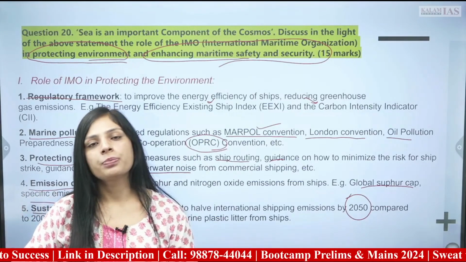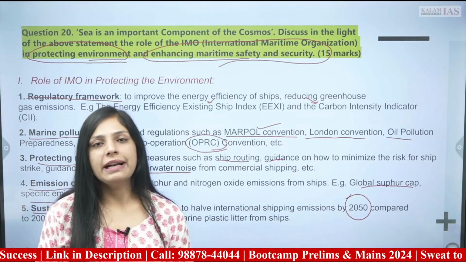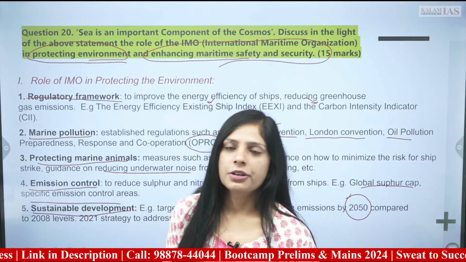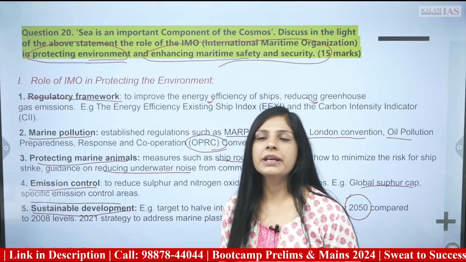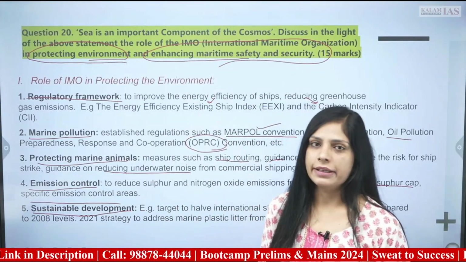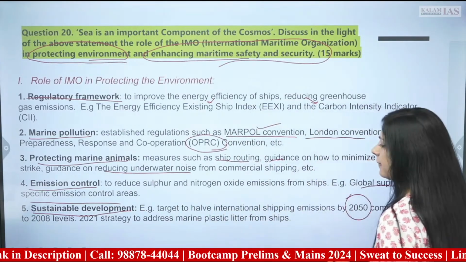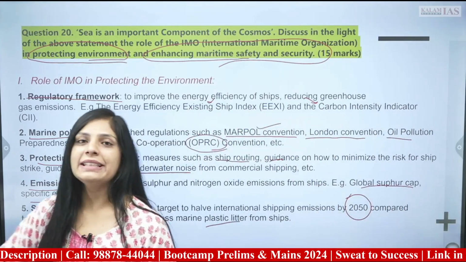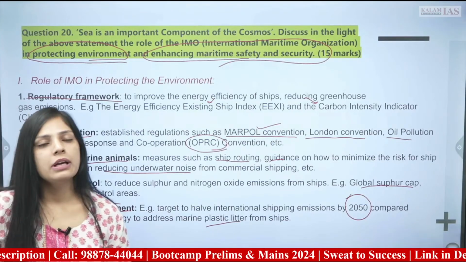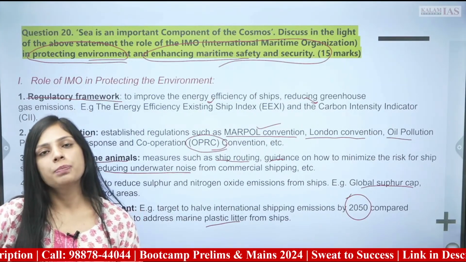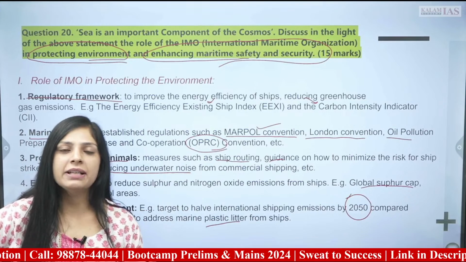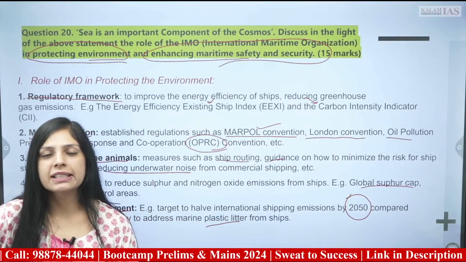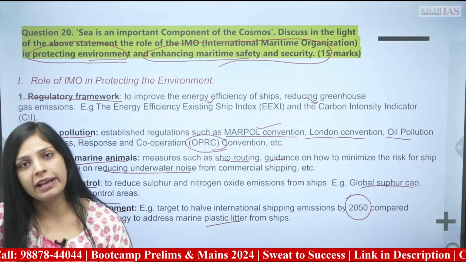They also propounded a strategy in 2021 for dealing with marine plastic litter in the waters, right? So by these innovative measures also, IMO is trying to promote the idea of sustainable development and keeping the shipping industry sustainable as per the needs of the environment.